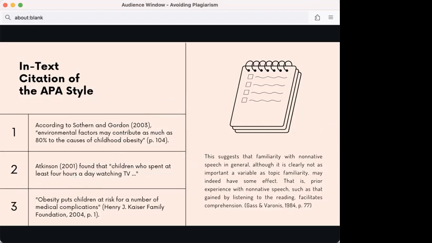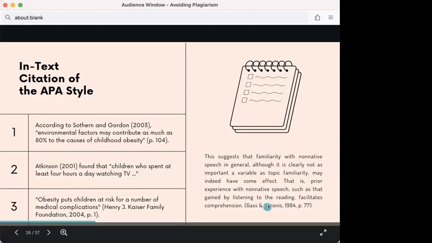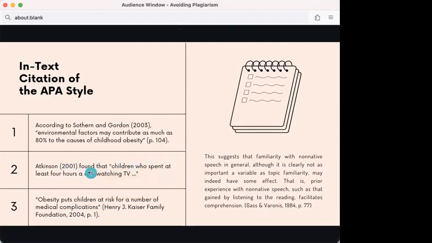Number two, the author's name is part of the narrative. Number three, the author's name in parentheses. You can see that in number three the author's name is in parentheses, and in number two the author's name is part of the narrative.